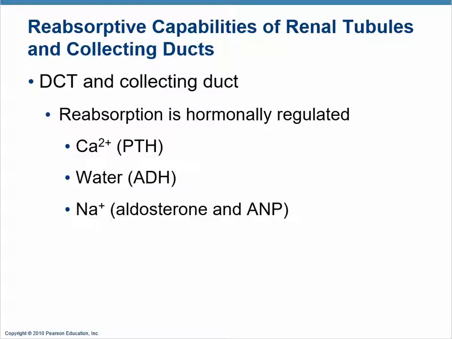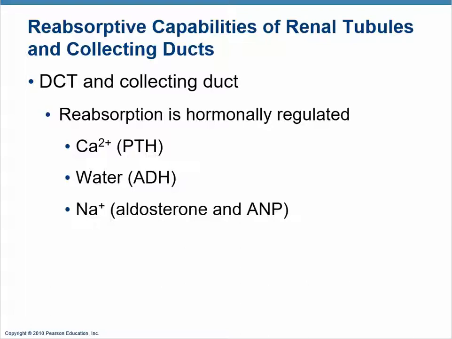If we want concentrated urine, we're dehydrating and we want to get as much water back, we open the aquaporins in the distal convoluted and collecting duct. And by opening the aquaporins, these are aquaporin 2s. The ones that are always open are called aquaporin 1s.